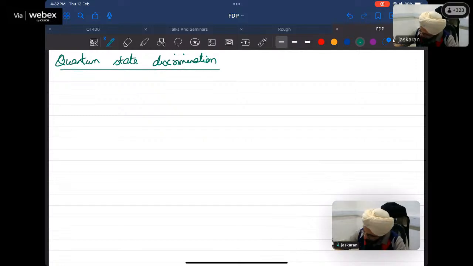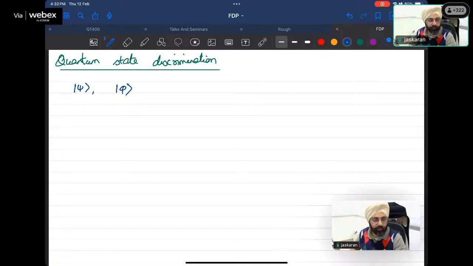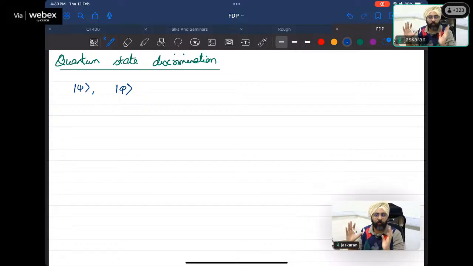The idea is that we want to distinguish between two quantum states, ket psi and ket phi. I am given two quantum states, and I want to tell in one single shot whether the state I am given is ket psi or ket phi. I don't know which state is given to me, but I know it is either ket phi or ket psi, and I want to distinguish between them.